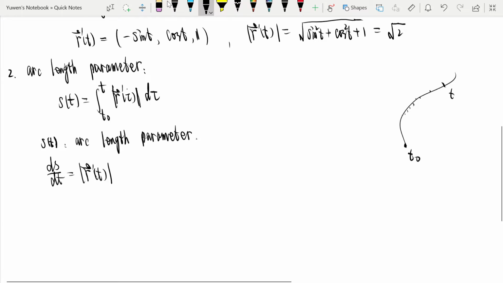So for any t, we can write r(t) as r(s). That is reparametrizing the curve by arc length.